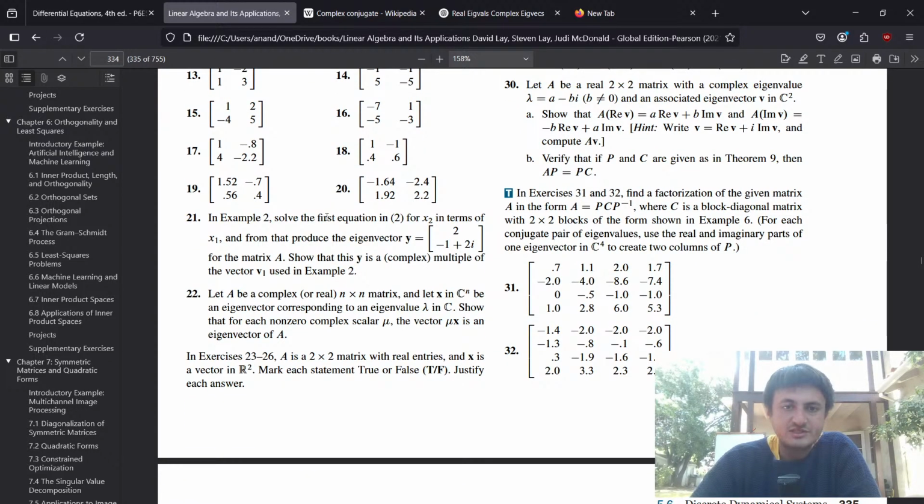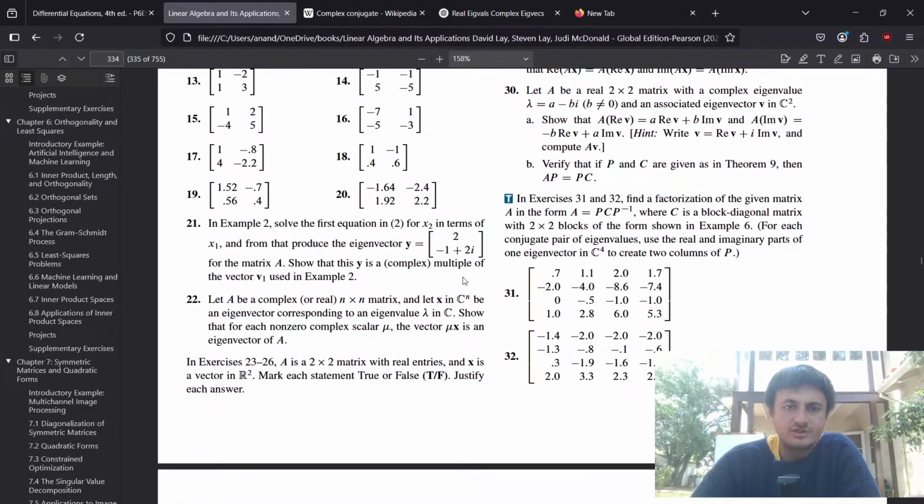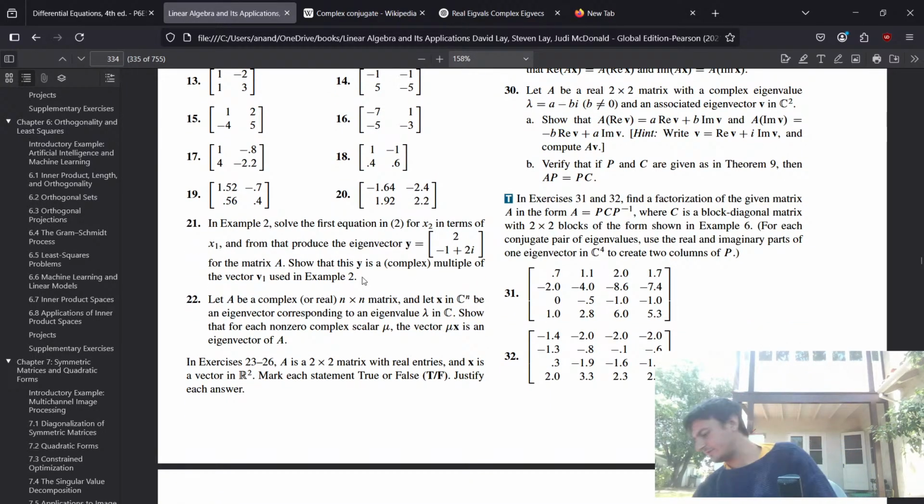All right, so for this one, I think we just have to show for each of these numbers that this is a complex multiple of v1. Okay, so we're definitely going to do 20. Let me get out my paper.